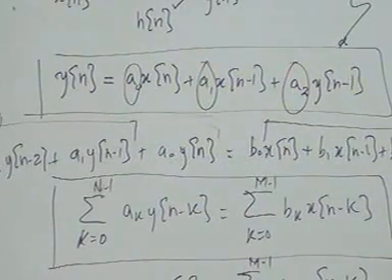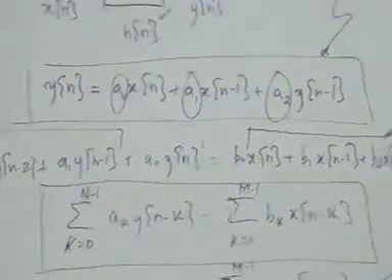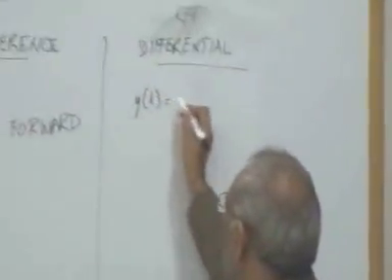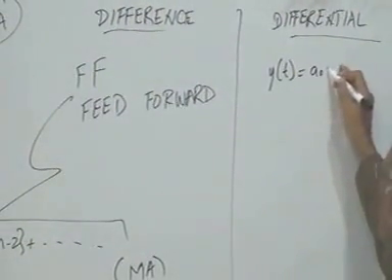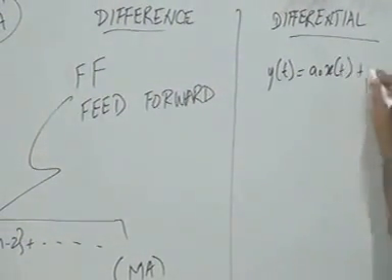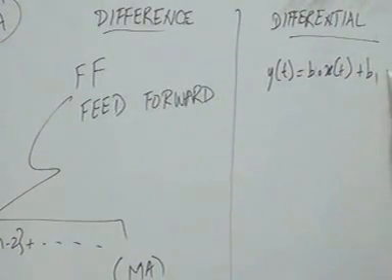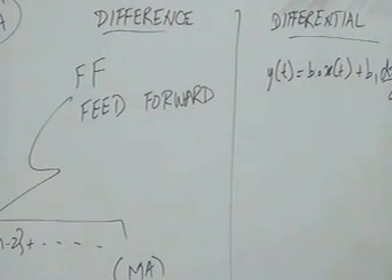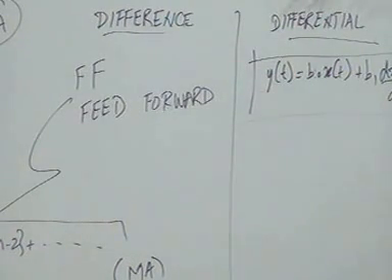So I will give you an example: y of t is equal to, let's say, some coefficient a0 x of t plus b1 dx(t)/dt plus, let's say, a1 dy(t)/dt, something like that. This is a differential equation.